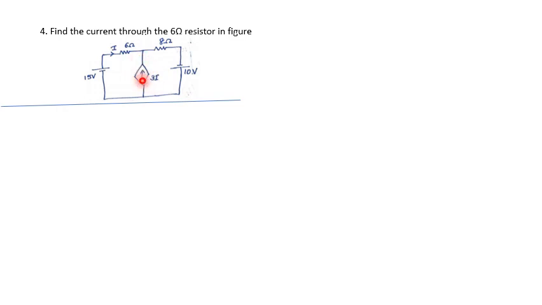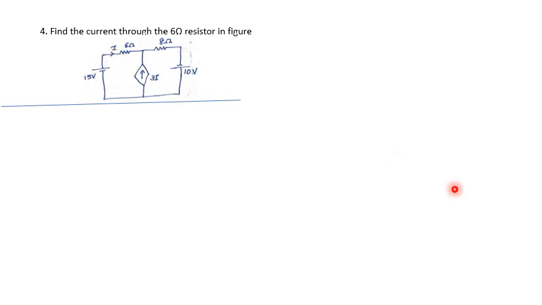The current in this source is 3 into I, where I is a circuit parameter, the current flowing through the 6 ohm resistor. So the current from this dependent source depends upon a parameter in this circuit, hence it is known as a dependent source.